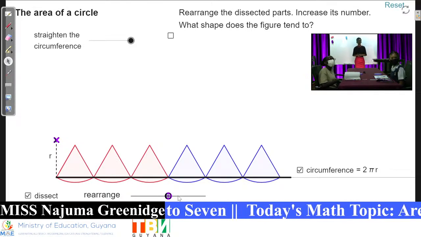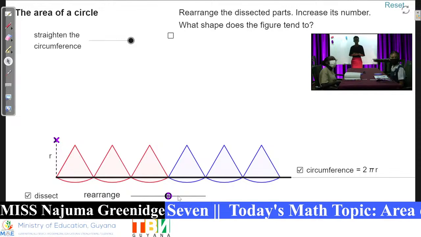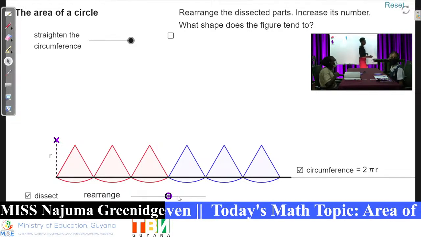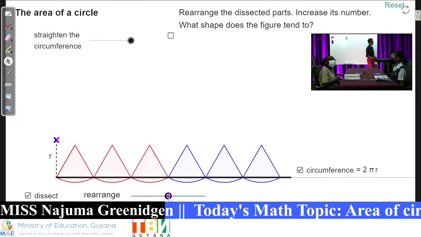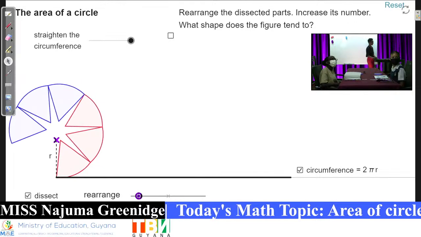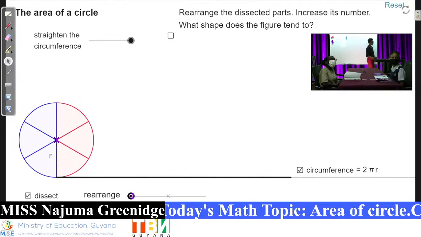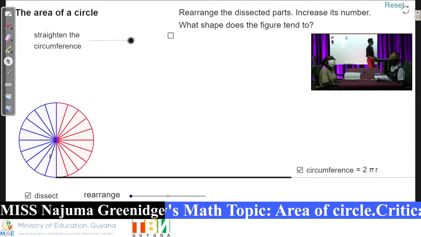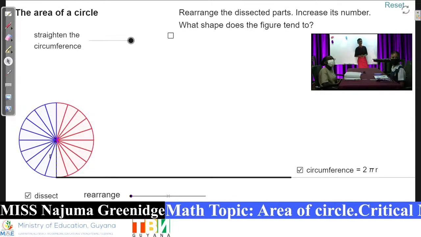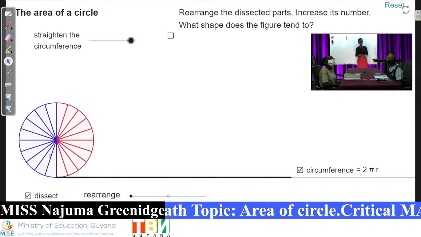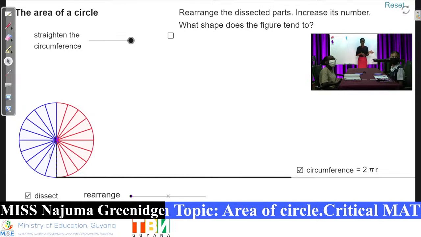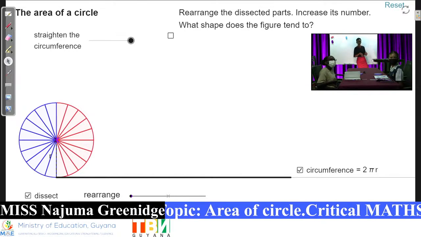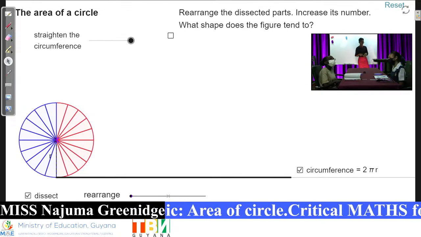So what happens if I divide up that circle? Let me show you something. Let's put this back. Let's say I divide the circle into 20 sectors. So we have 10 in blue and 10 in red, so that will give us 20.